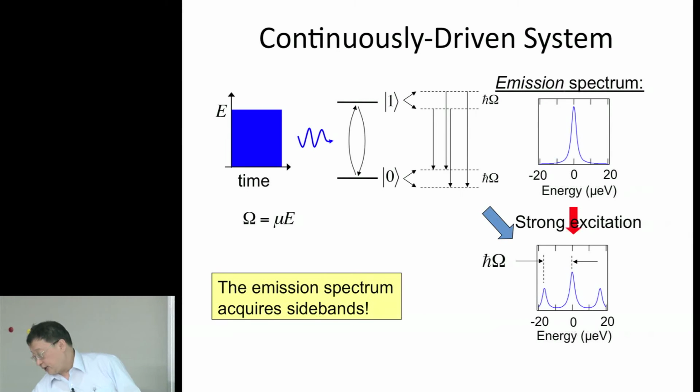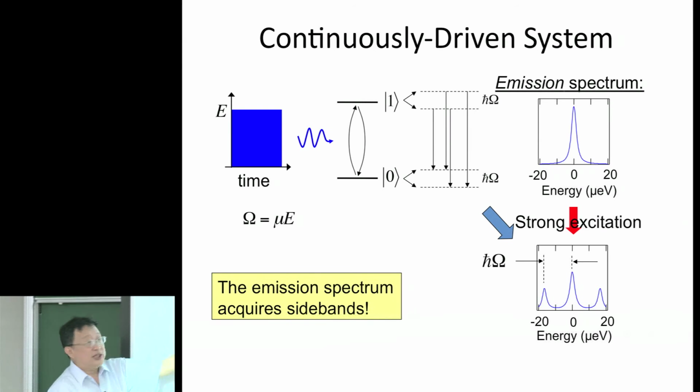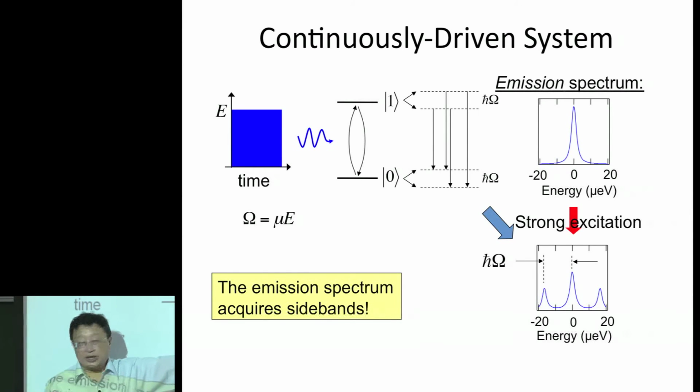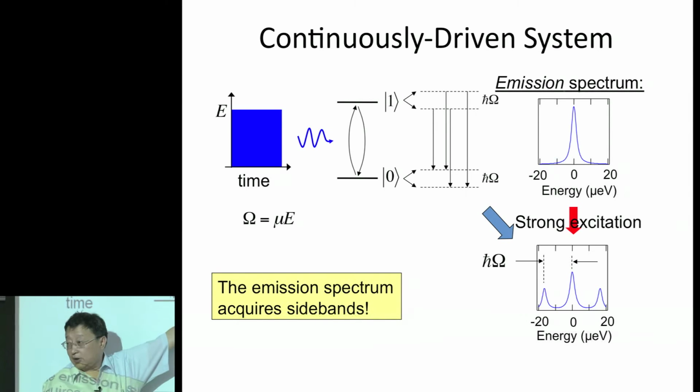Then you will see a triplet. This is the famous Mollow triplet. The quantum mechanical explanation is that if this is driven up and down, this single line will split into what we call dressed states, and the splitting is your Rabi energy. So the stronger the field, the larger this splitting is.